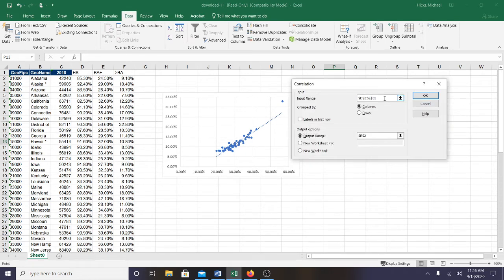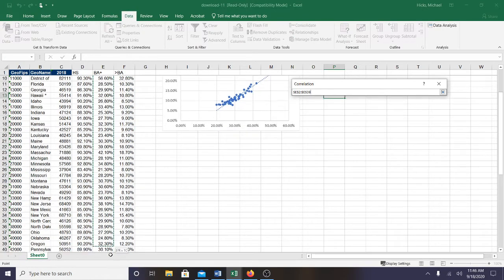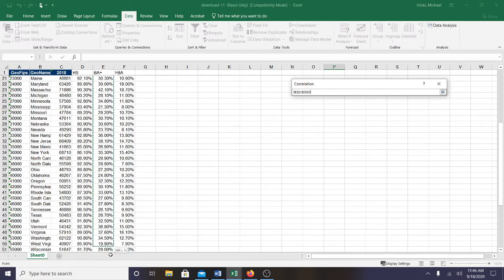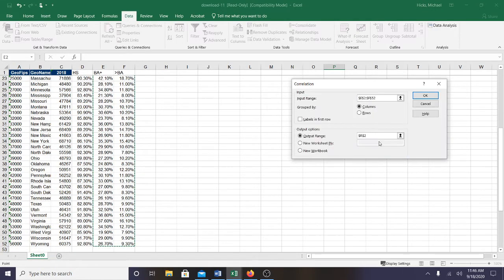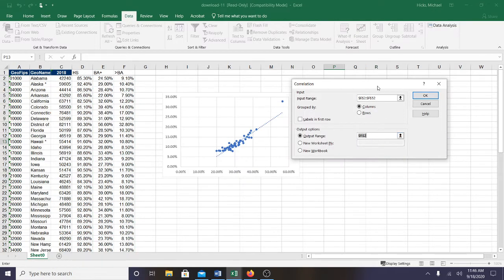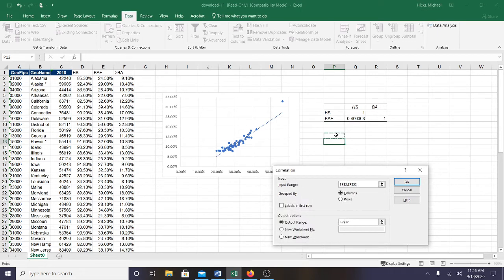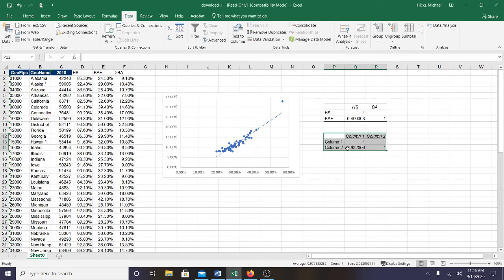And so let's look in our data analysis and see if we can do a correlation here that would somehow give us some information about this. Let's put it in a place where we can compare it with the other value. Okay. So in this case, we have column 1 is BA plus, column 2 is greater than BA.